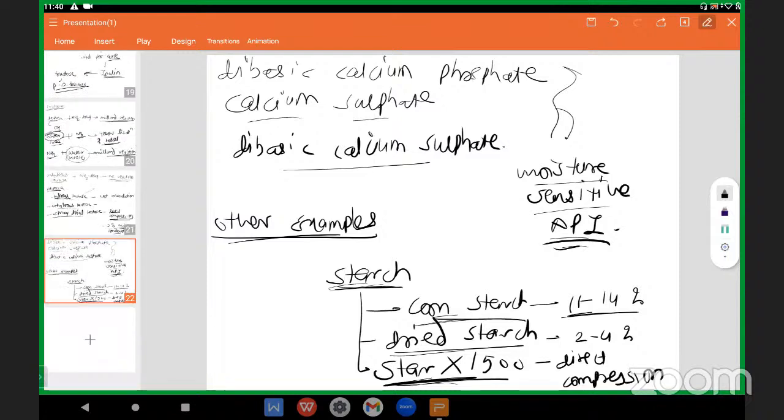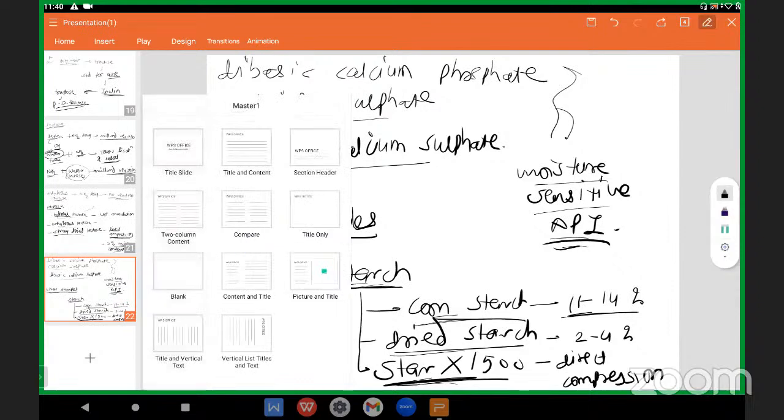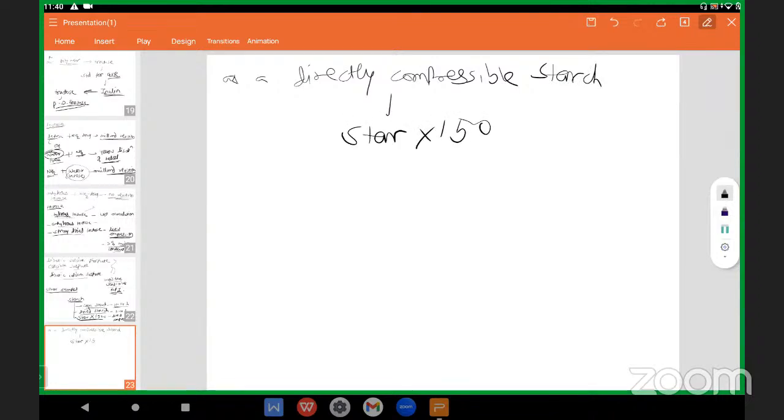That's why we also call starch 1500 a directly compressible starch. You can expect the question, which of the following is directly compressible starch? So the answer should be Starx 1500.